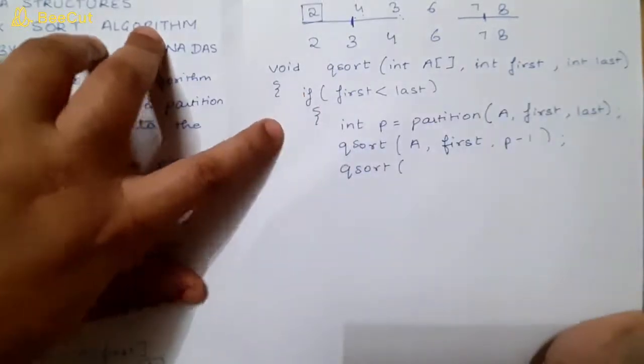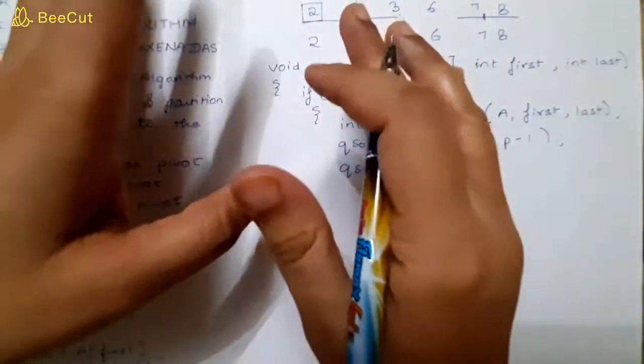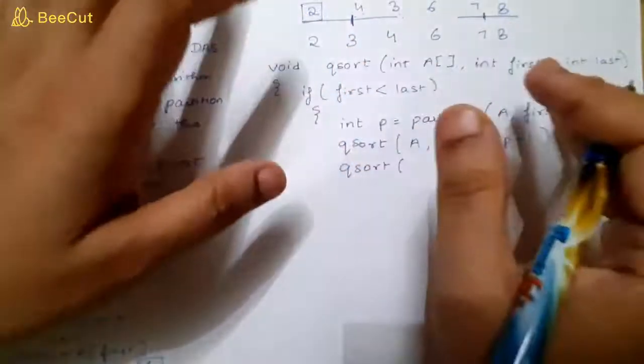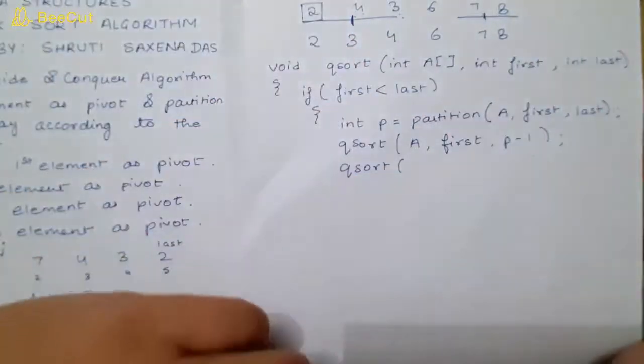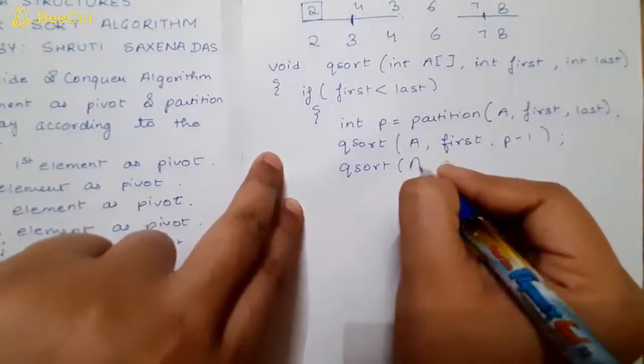So if suppose you are having 100 elements, then it will be partitioned into 50-50. Then those 50-50 will be partitioned into 25, 25, 25, 25. Like that, this algorithm is going to work.